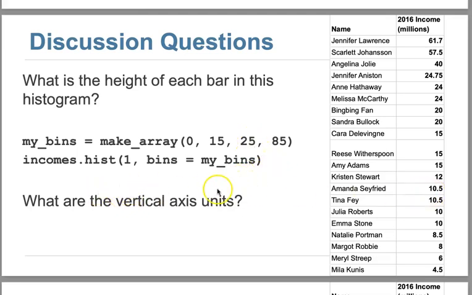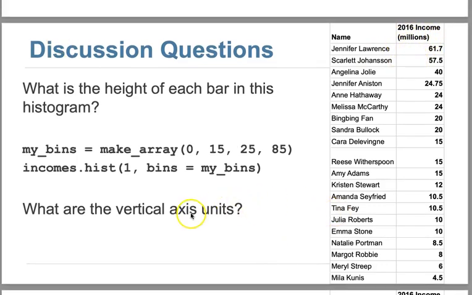The horizontal axis is in millions. So what is the vertical axis? It is something per horizontal unit, so per million.